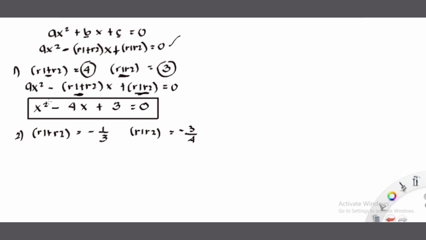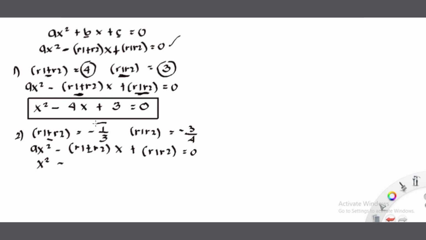Okay? So, let's do again the same procedure we did a while ago. We will be using the formula. So, ax squared minus the sum r1 plus r2 x plus the product r1 times r2 equals 0. So, tanggalin muna natin yung a para hindi tayo malito na maraming variables, na overlook natin siya kanina. So, x squared minus, ano ba ang sum?